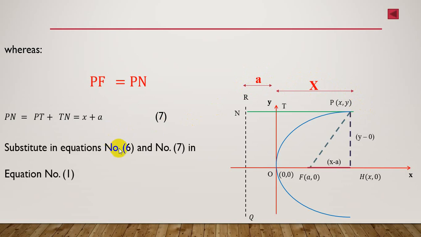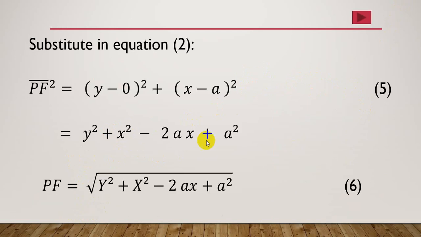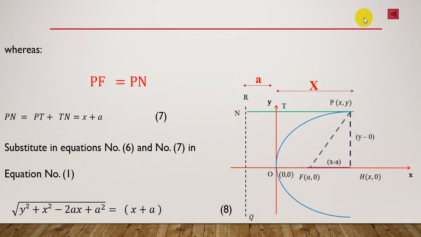So from equation 6 and 7 in equation 1, we'll get this one. This one is coming from there, from here. See that BF equals that term, and I took it and put it here, and BN equals x plus a, I put it there.